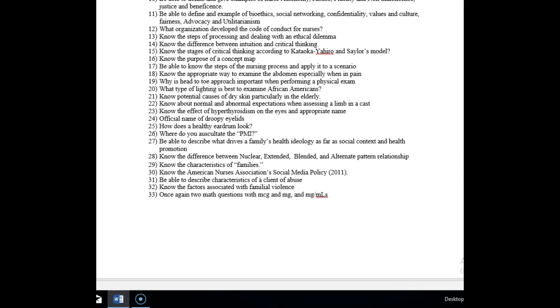When you've got your stethoscope out, auscultate means you're listening. The point of maximal impulse, which is PMI, is the point where you could probably put your finger and feel it, at the fifth intercostal space at the left mid-clavicular line.